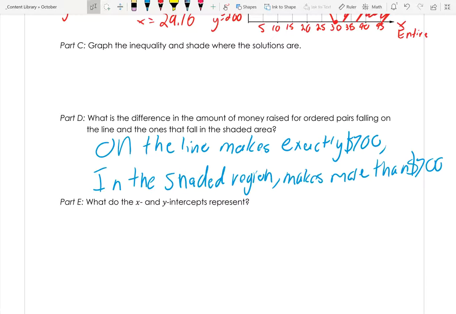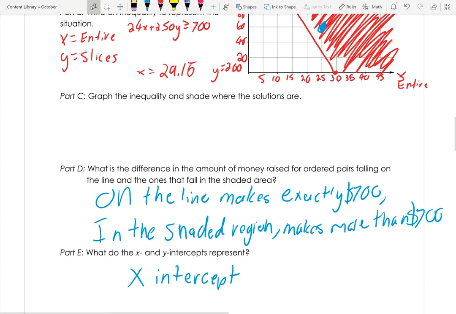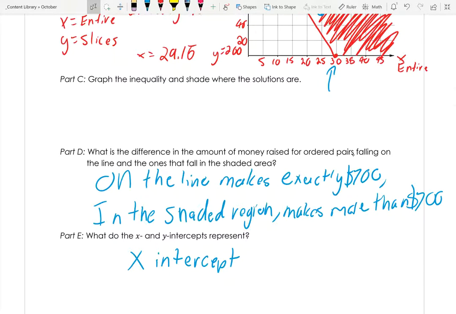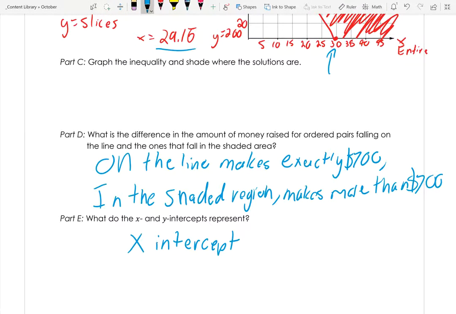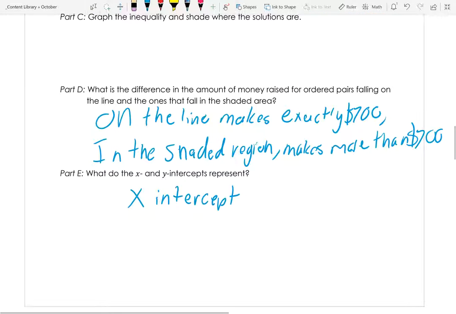What do the x and y intercepts represent? That's why I graphed it, right? I did this before even realizing this was a question. The x-intercept: in our case, x was for entire cheesecakes. So the x-intercept, which is right there at about 30, it's not exactly 30, it's 29.16.